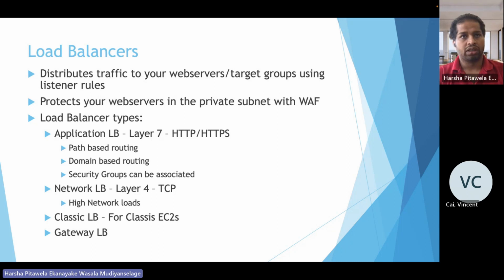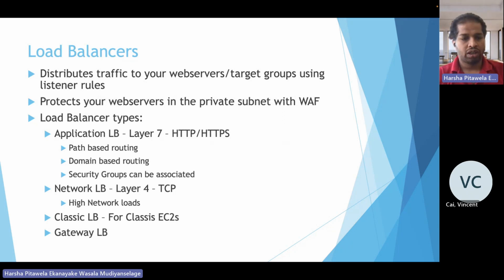It handles mainly the HTTP and HTTPS protocols, and it supports different types of listener rules. You can route your traffic based on path, based on domain, and security groups can also be associated with load balancers.